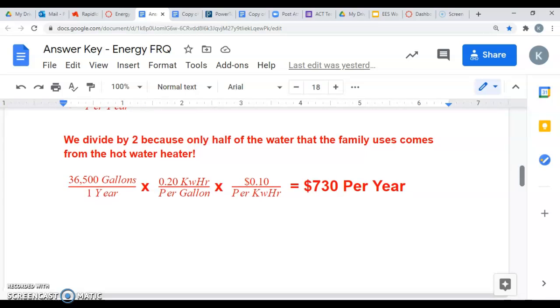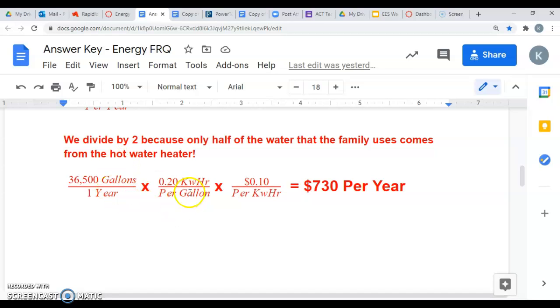So then we can do a basic conversion, right? We know that 36,500 gallons are coming from the hot water heater, and we know that it's 0.20 kilowatt hours per gallon to heat that water. So we always want to set it up where our units are in the numerator and the denominator so they can cancel.